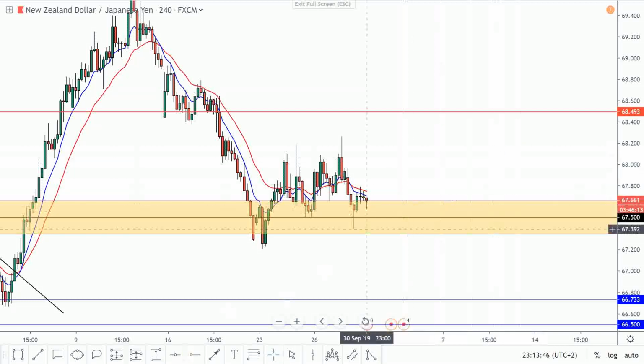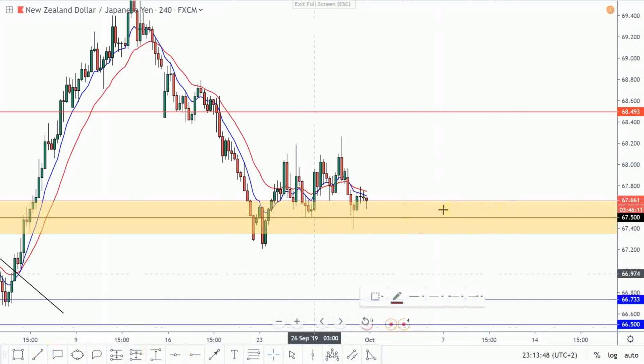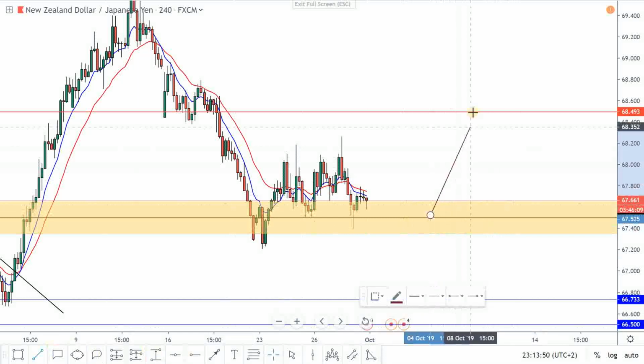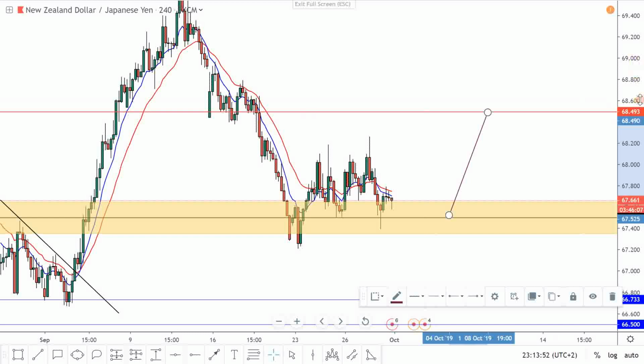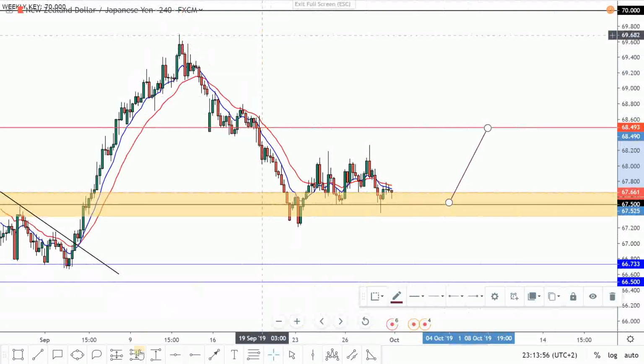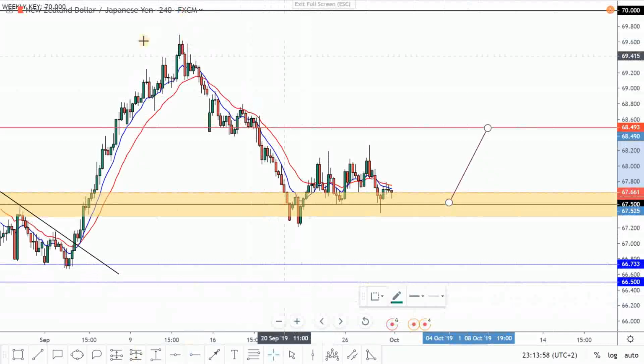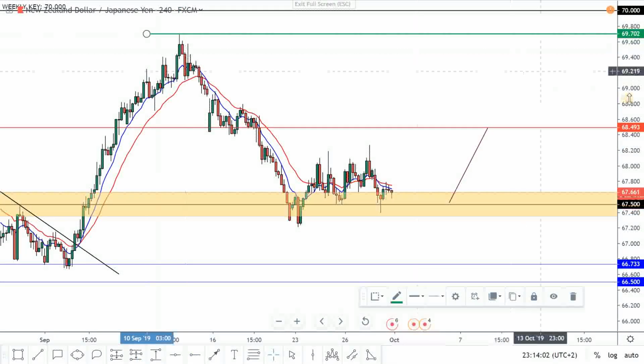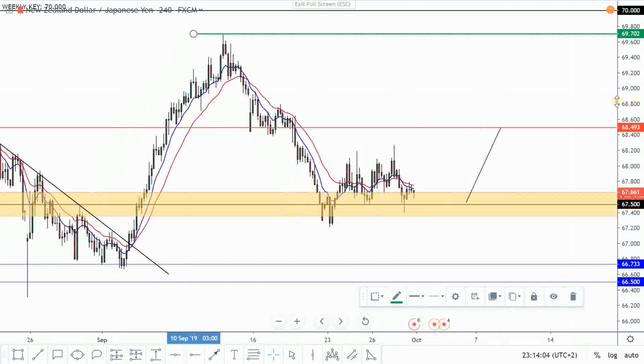We can take our first target at 68,500, and we can reach all the way up to here, at 69,700. These can be our targets, and I think we can also take the final target at 70.